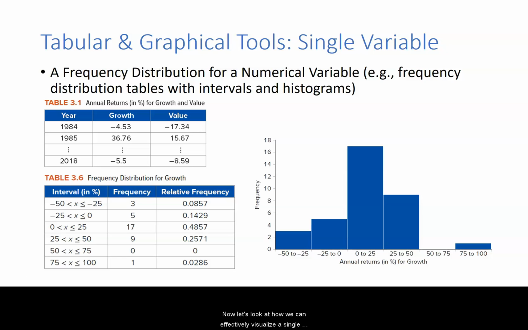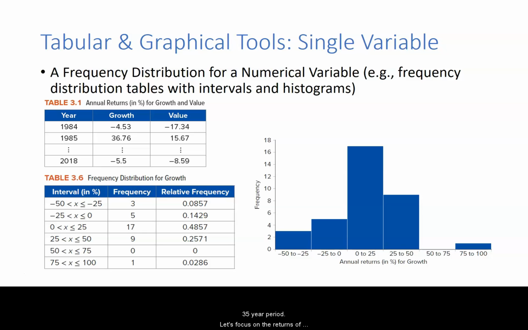Now let's look at how we can effectively visualize a single numeric variable. A frequency distribution groups data into intervals and records the number of observations that falls into each interval. In this example, we have the annualized returns of growth mutual fund and the value mutual fund over a 35-year period.